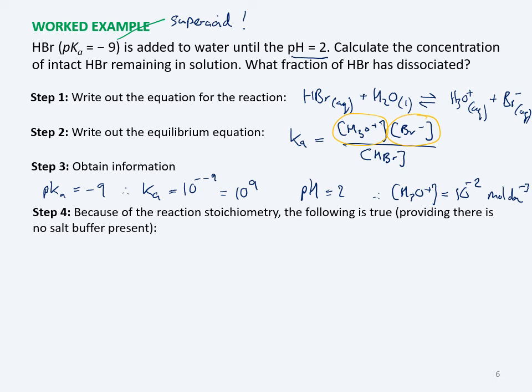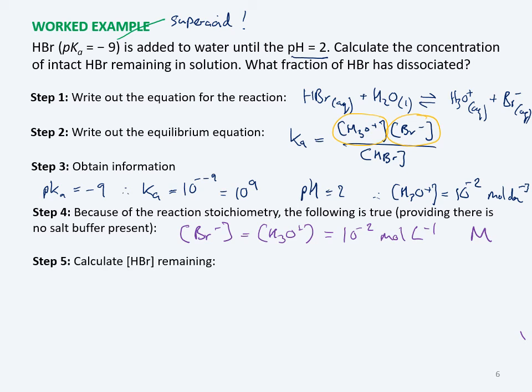So the concentration of Br- is equal to the concentration of H3O+, which is 10 to the minus 2 moles per litre, because this was the convention we've been using all the way through. Decimeters cubed are the same as litres, aren't they? We could also write molar, capital M. These two things are equivalent.